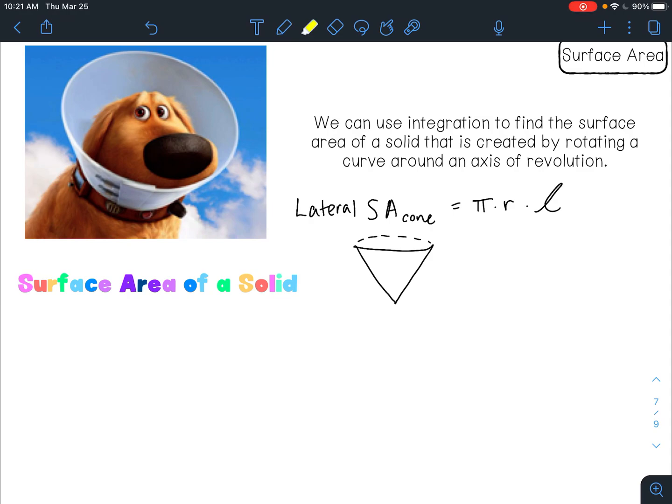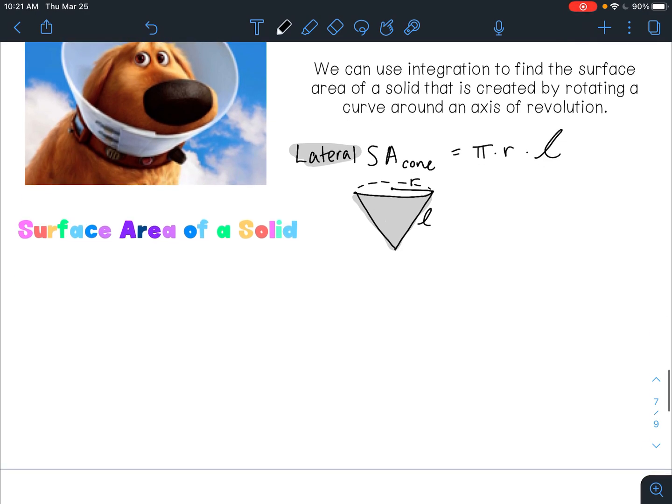The lateral surface area is just the surface area of the actual cone. You can think of it like an ice cream cone too, right? There's an open circle at the top. So we would have our radius, and then this L is the lateral length. It's basically the hypotenuse of that big right triangle that's sitting on the inside.